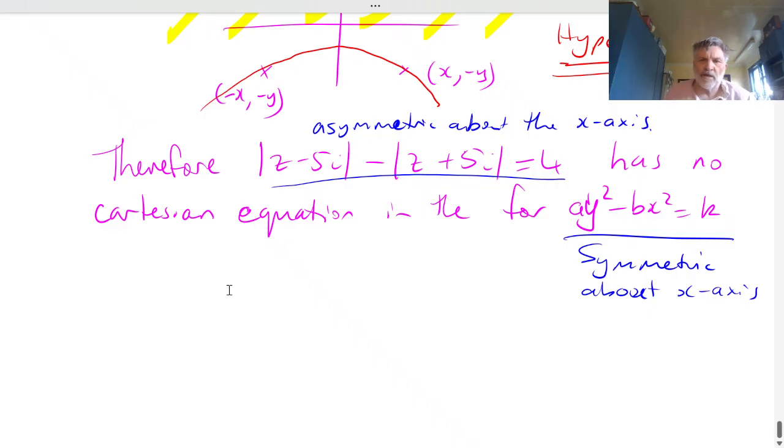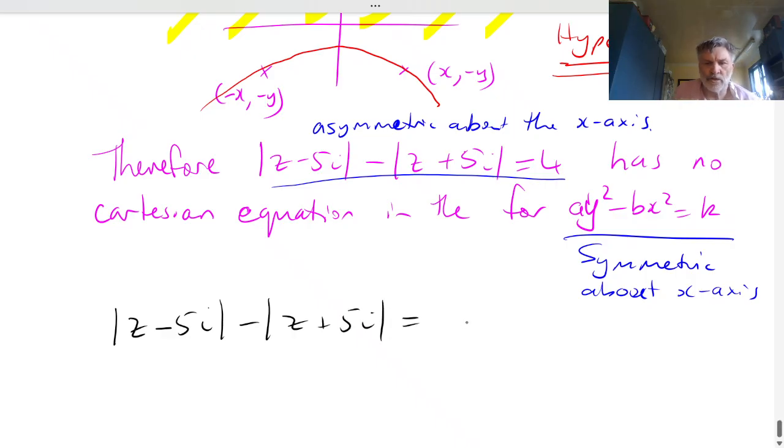They're related, but they're not the same. The question could be fixed if the question said the modulus of z minus 5i take away the modulus of z plus 5i equals 4, but instead of just 4 they wrote plus or minus 4. That gives us both branches.